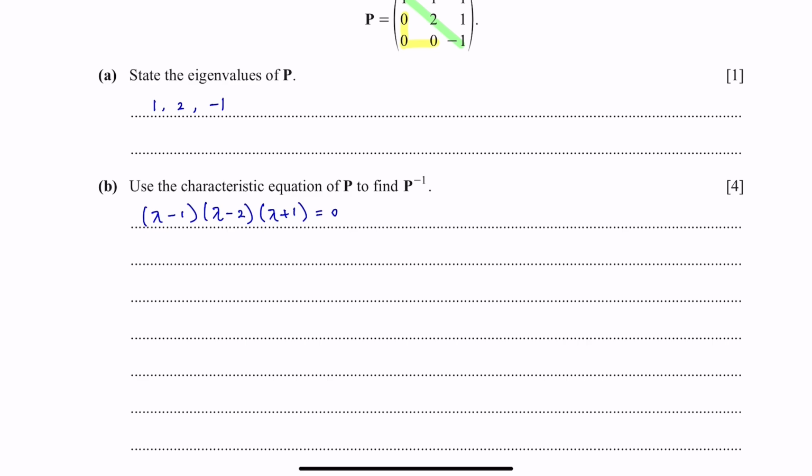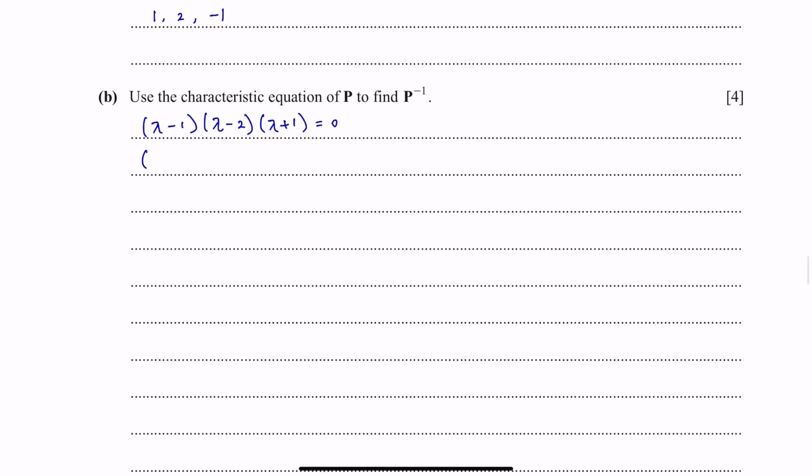We can write it like this, and we try to find the cubic equation. So we would get lambda cubed minus 2 lambda squared minus lambda plus 2. This will be the characteristic equation.